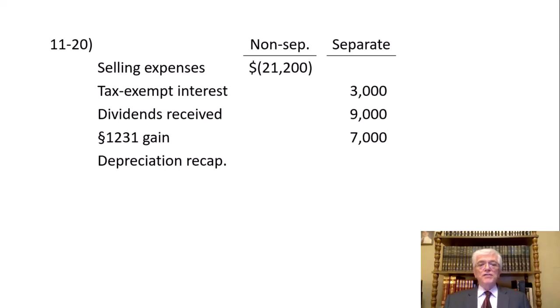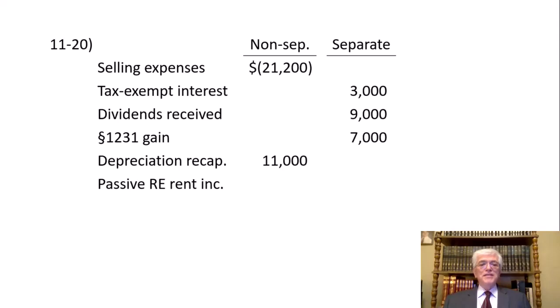For virtually all Section 1245 property, the entire gain is going to be ordinary income. In this case, we have $11,000 of depreciation recapture. That's just ordinary income, so we'll put it in with the non-separately stated items.